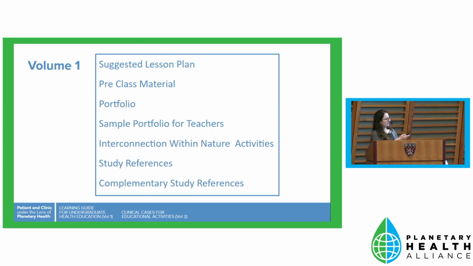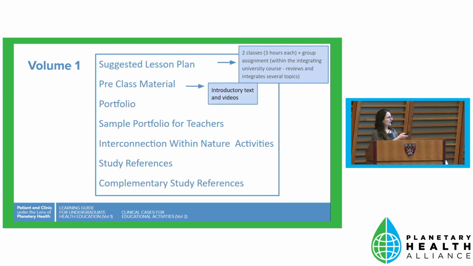Volume 1, I have explained what it contains. The suggested lesson plan to use it, and the pre-class material that is introductory text and videos, which we gave to students to read and start learning about planetary health.